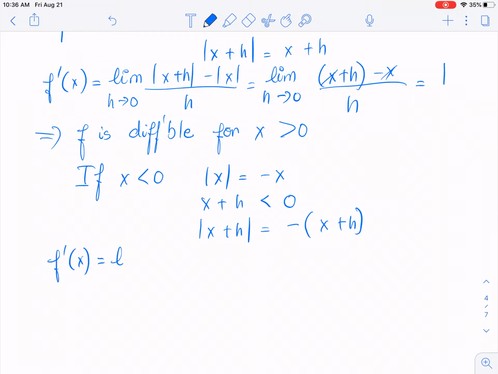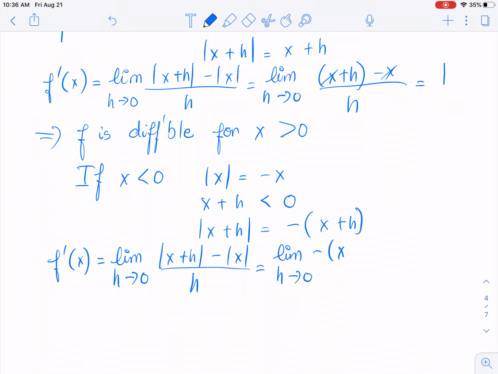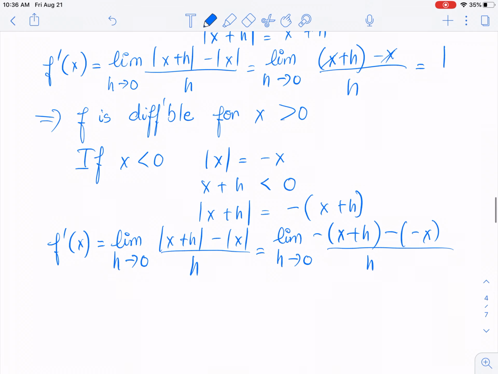Once again, I'm going to take the limit as h goes to 0 of the absolute value of x plus h minus the absolute value of x over h, which turns into negative x plus h minus negative x over h. So we end up with negative 1, because it's negative h over h, which is negative 1.